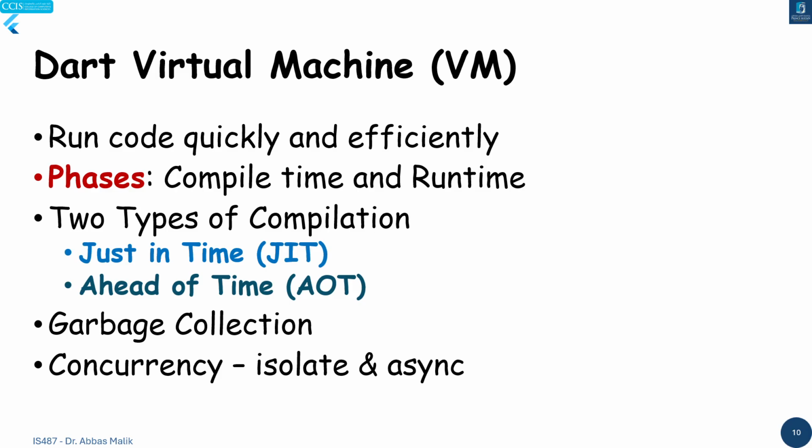It has two phases: compile time and runtime. When you are compiling your program and converting it into the machine code for the target, whether you are targeting mobile devices, a desktop environment, or the web, we are converting that program into a different executable form.